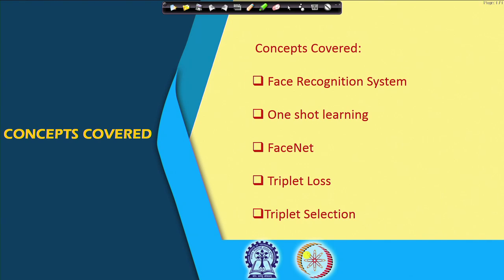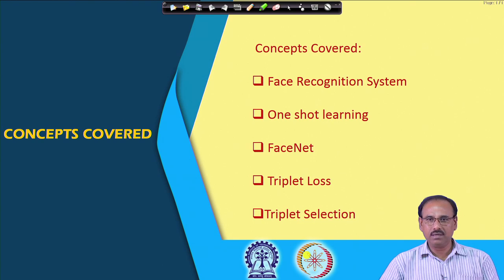Then a particular network which employs face recognition is FaceNet, and we will discuss that. For training of FaceNet, the corresponding loss function is known as triplet loss. We will discuss this triplet loss, and we will also talk about how to select the proper triplets for training of the FaceNet.